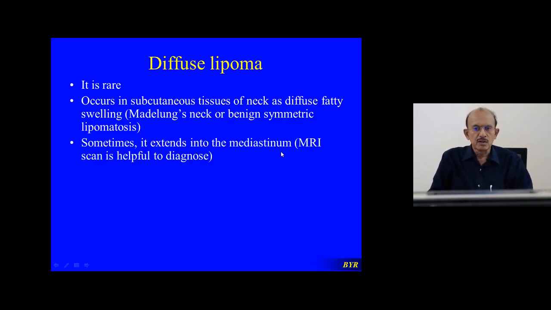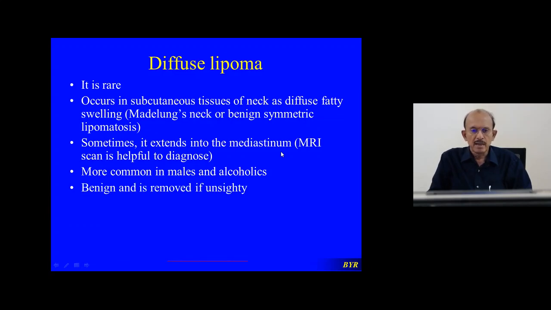Sometimes it extends into the mediastinum. So whenever the neck is involved and the lower border is not palpable, you must go for MRI of the chest. It's more common in males and alcoholics. Benign and is removed if unsightly.